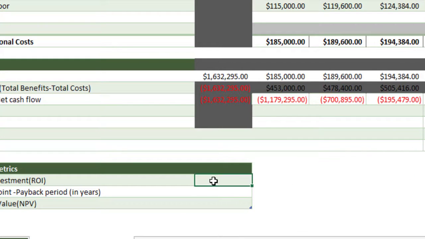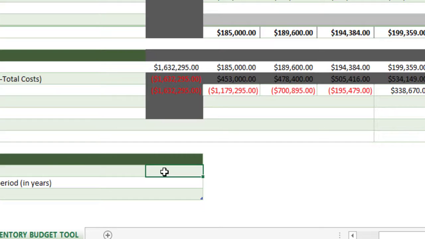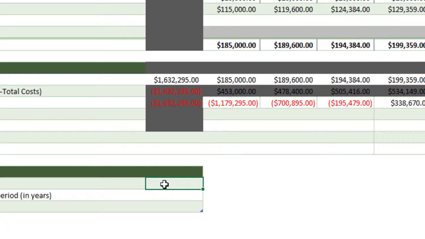Let's now determine the return on investment. And the formula for return on investment is the total benefits minus the total cost over the total cost. Or rather, we can say it's net benefit over the total cost, then we multiply by 100.